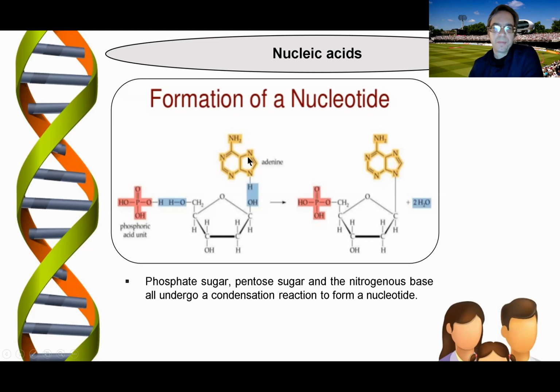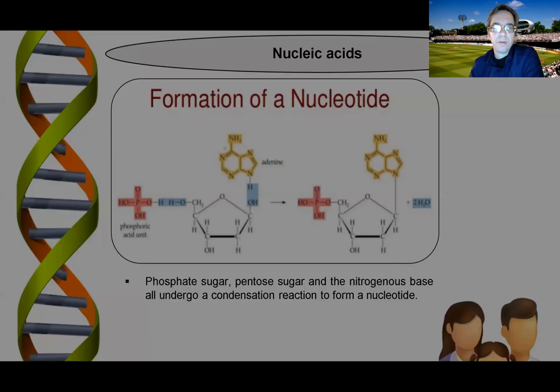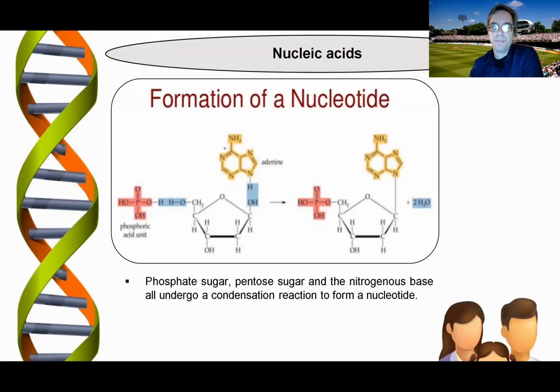It shows you how much nitrogen is in the base. We've got 1, 2, 3, 4, 5 nitrogens in this particular nitrogenous base, which is adenine. We'll call this an amine group, being NH2.